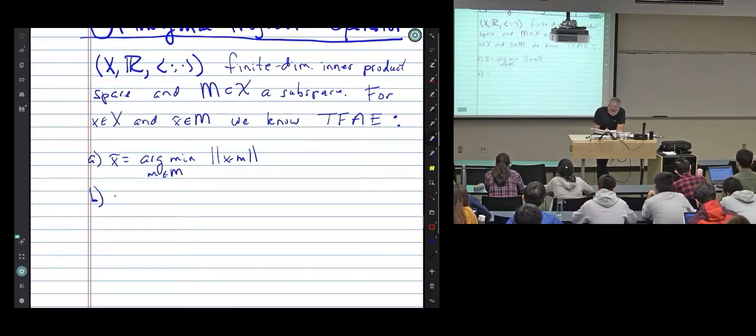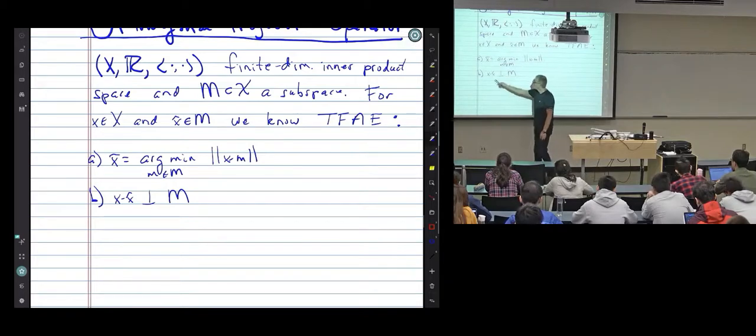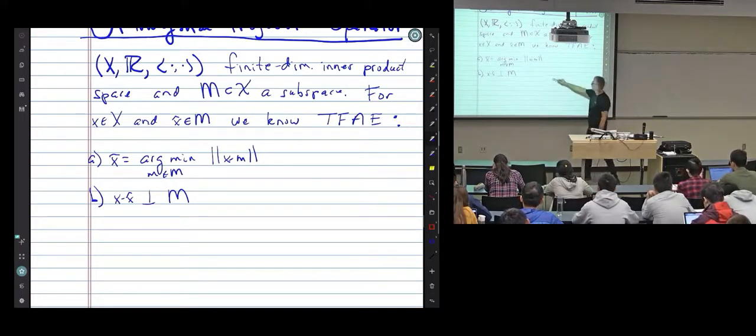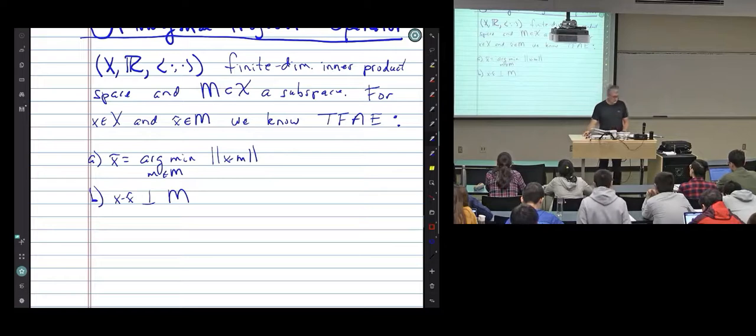B. It's characterized by its orthogonality to M. So the approximation error, x minus x hat, is orthogonal to M. That formula is equivalent to this one by the projection theorem.